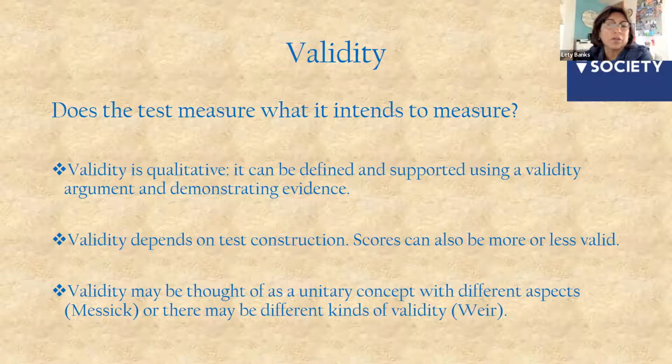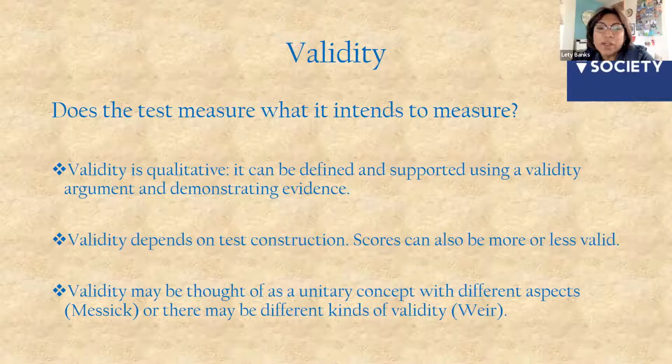Okay, I have a question here. So going by that definition, your previous point says validity depends on test construction. I agree. But if you separate scores from the test, aren't we doing something different?